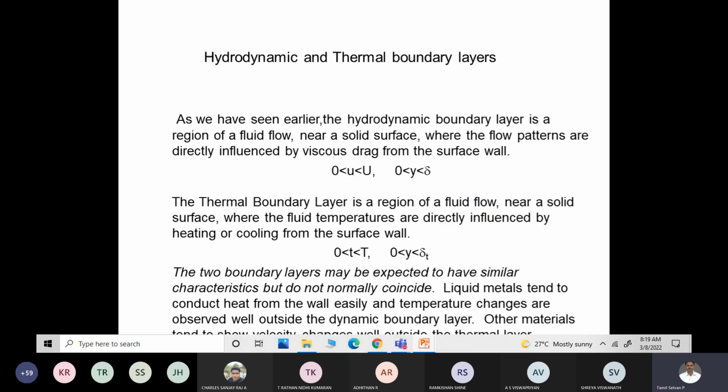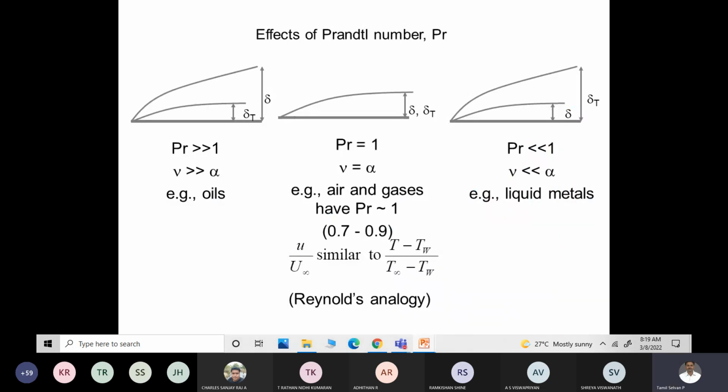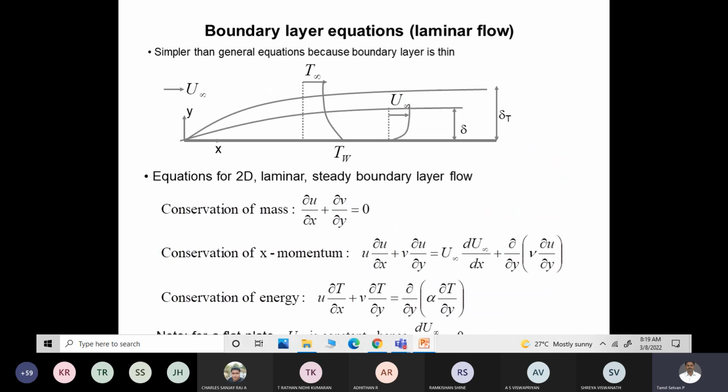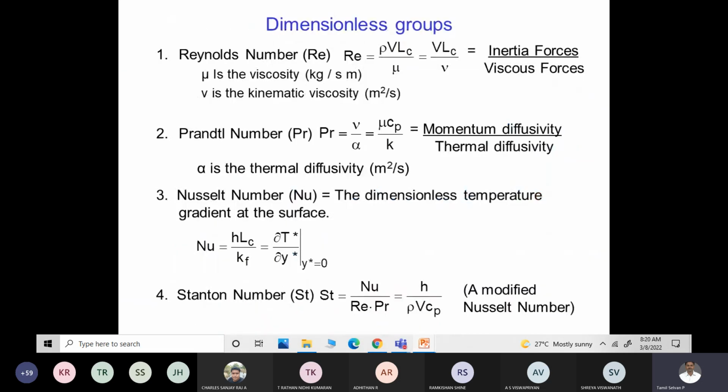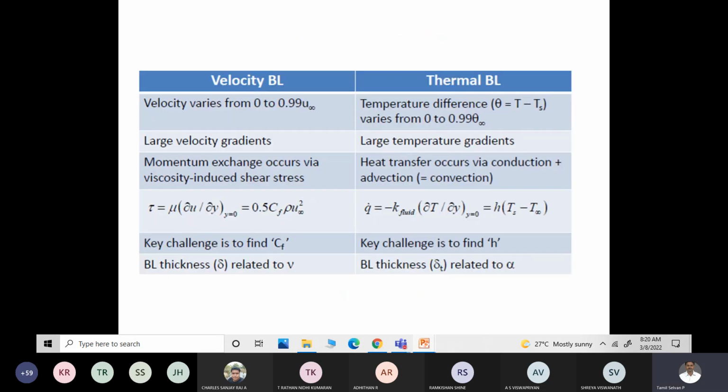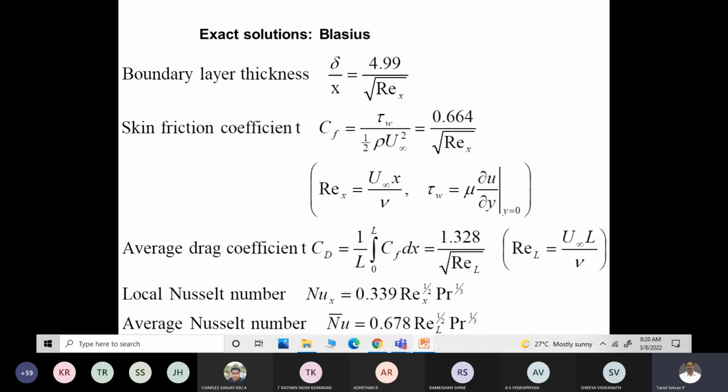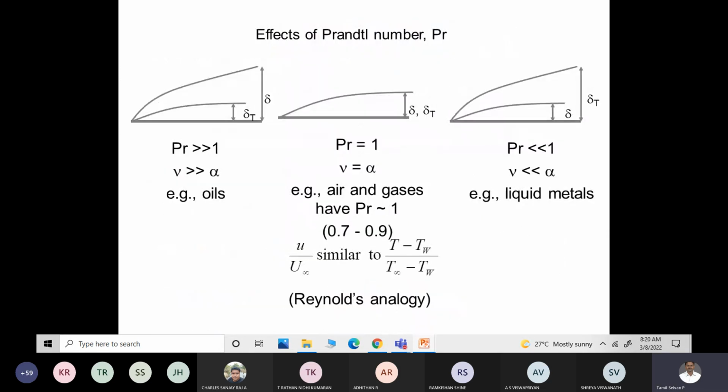And now, the effect of Prandtl number. I have already told you in the last class itself. The Reynolds number is the ratio of inertia force to viscous force, whereas the Prandtl number is the ratio of momentum diffusivity to thermal diffusivity.